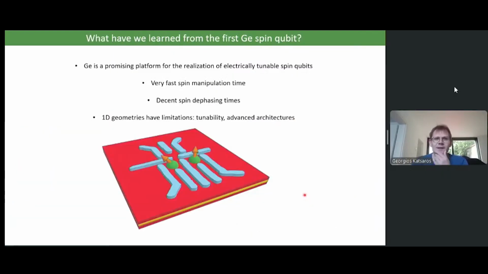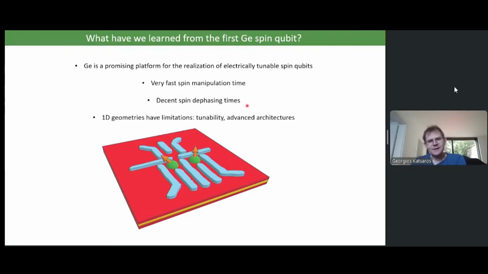So what did we learn as a group from the first germanium spin qubit? We realized that germanium is indeed a promising platform for the realization of electrically tunable spin qubits. You can have very fast spin manipulation times and decent spin dephasing times.